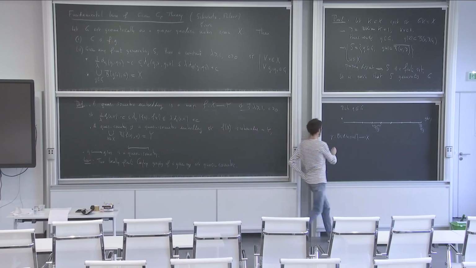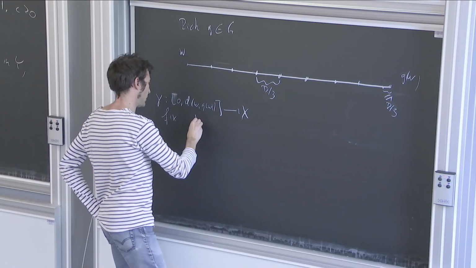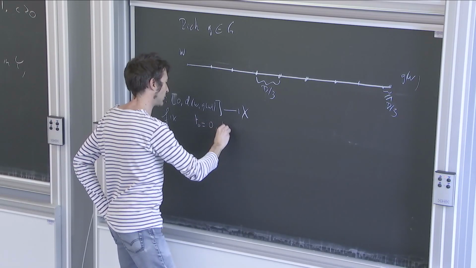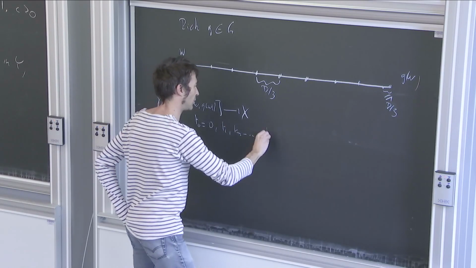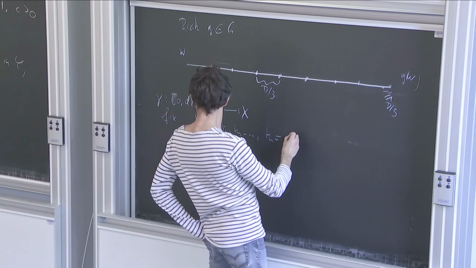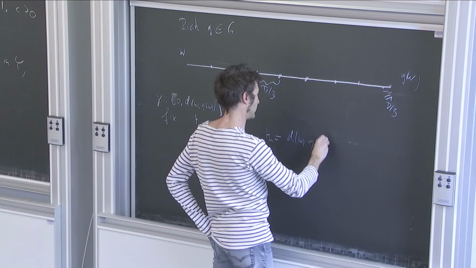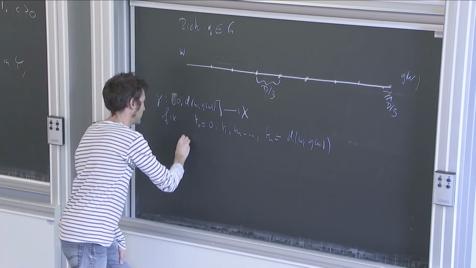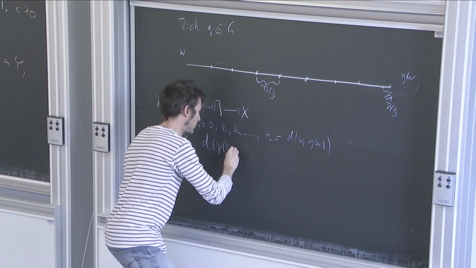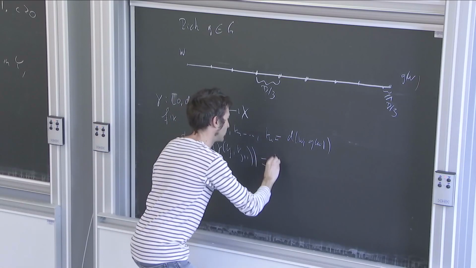I fix a subdivision T0 equals 0, T1, T2, up to Tn equal to the distance from W to its image. Okay, such that the distance between two consecutive points, Tj and Tj plus 1, is equal to D over 3.